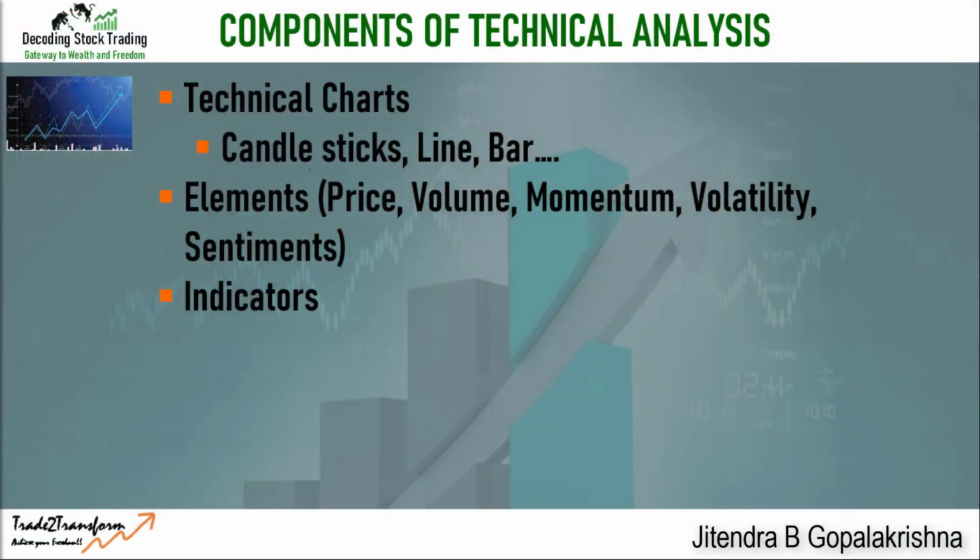Then come the various indicators which are used to trade. Now, what are these indicators? There are typically two categories of major indicators. The first one is called the overlay indicators. What are these overlay indicators? You have a chart, which I will show you in the next module. In the chart you have the price listed.